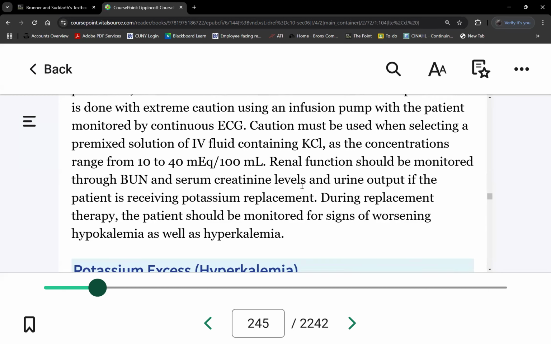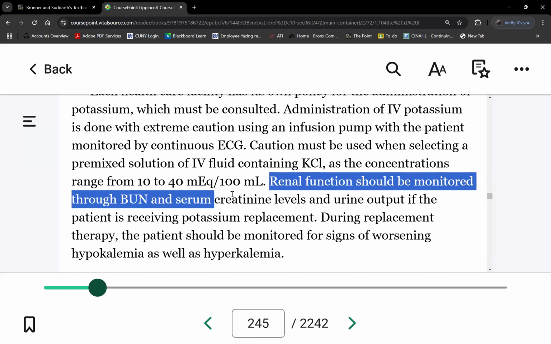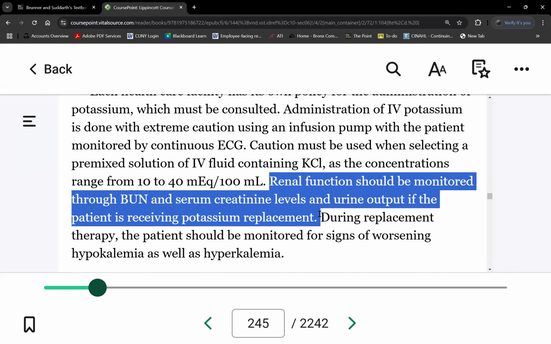No. So again, renal function, here's the warning, and that's not BS. Renal function should be monitored through BUN, creatinine and urine output. Are we clear? That's for any potassium supplement. It doesn't say IV, doesn't say oral. It just says any patient receiving potassium supplement.